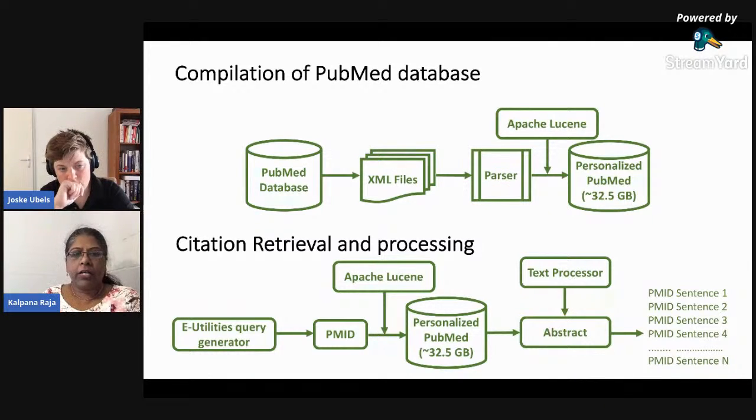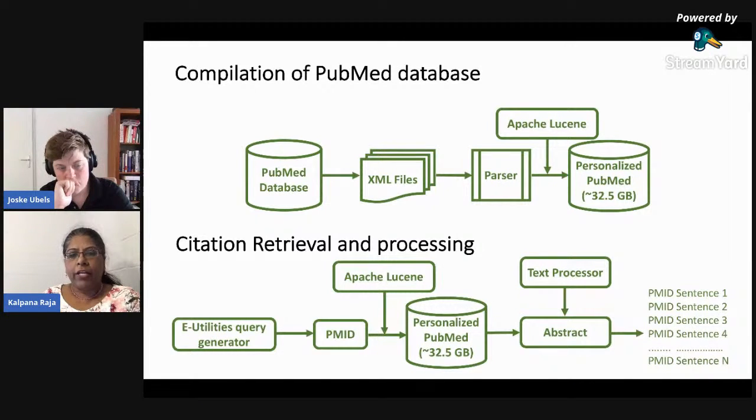Especially in my research, I'm interested in retrieving the titles, abstract, MeSH index, and chemical index. If you want something else, it's possible to get that information as well. For retrieving this information, in text mining, we write a program which we call a parser.